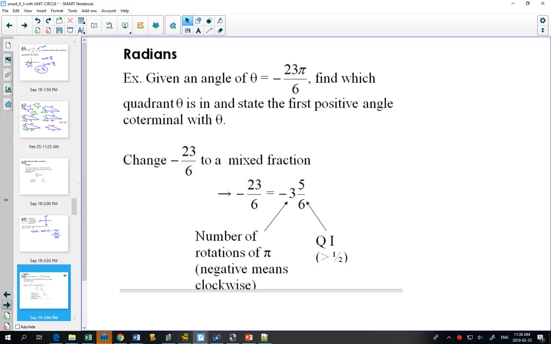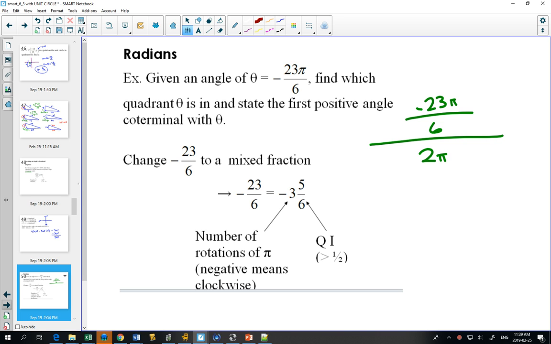Now in radians, we could do a similar thing, but often radians are a non-calculator question. So if I did this with my calculator, I could take negative 23 pi over 6 and divide it by 2 pi. How would I type that into my calculator?